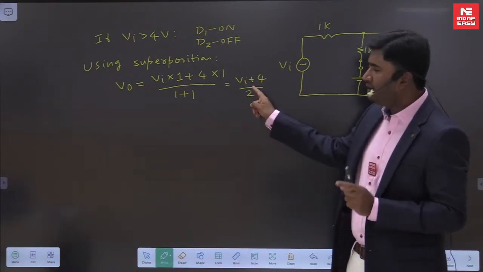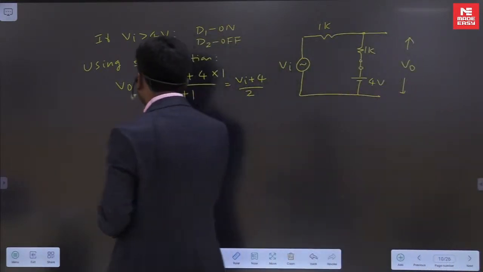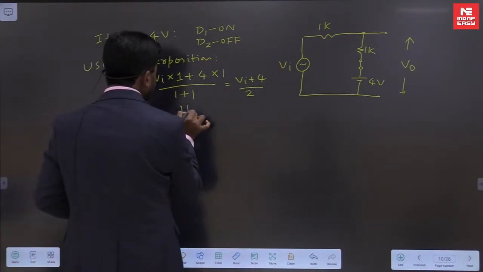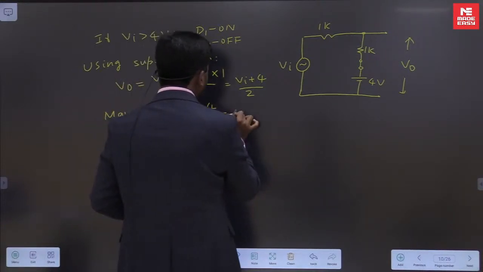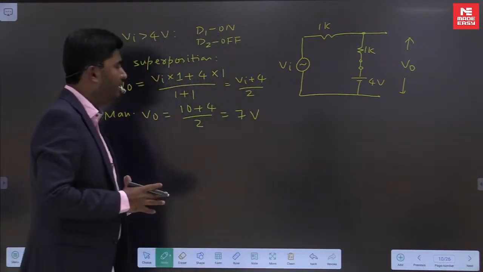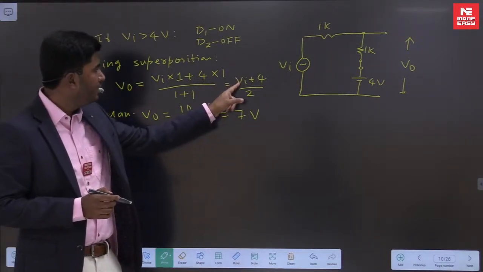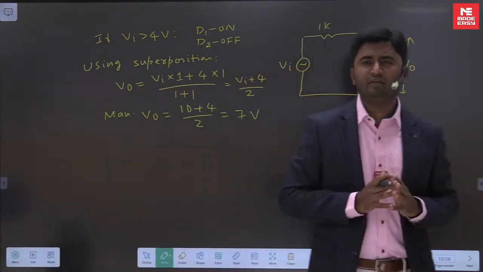When input reaches the maximum value of 10 volt, max V0 is equal to 10 plus 4 divided by 2, which is 7 volt. Maximum output is 7 volt.